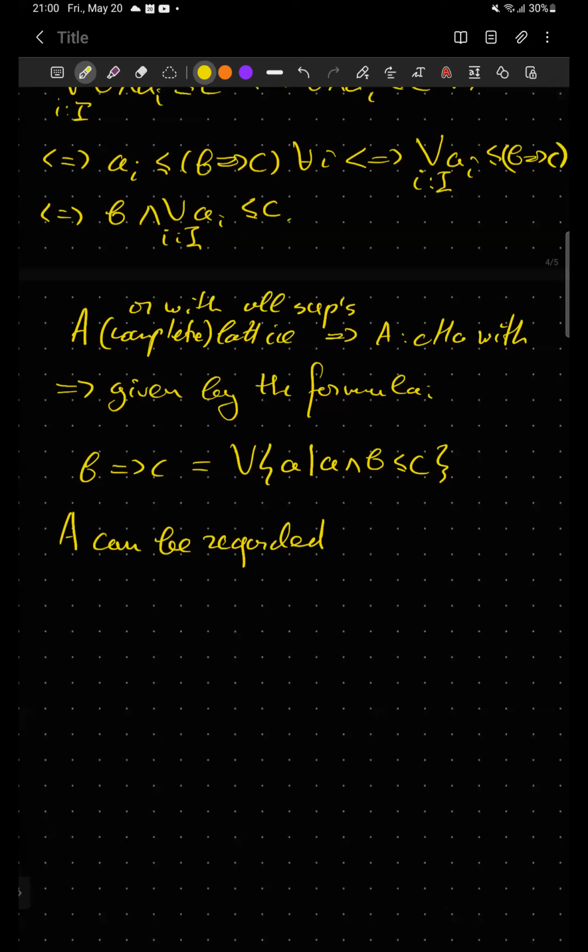And there is an actual way to do it with any Heyting algebra, or in fact, I think this will work for any lattice with arbitrary supremums.